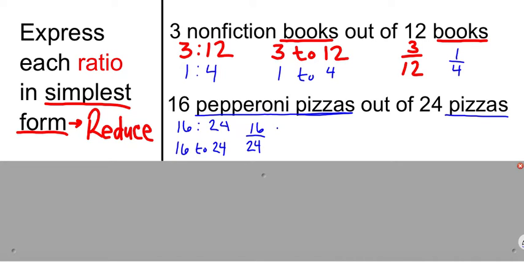So I know that 16 can be divided by 8, and so can 24. I know 16 divided by 8 is 2, 24 divided by 8 is 3. So when I write it in the final form, I want to write it as 2 over 3, 2 colon 3, or 2 to 3.